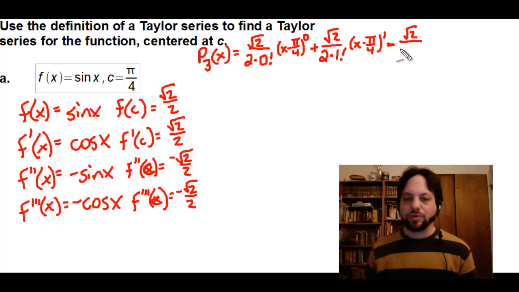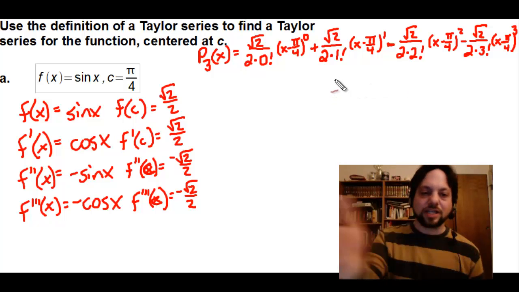So it'll be square root of 2 over 2 times 2 factorial. And of course, I could expand that out and simplify, but I'm looking for a pattern, so I'll leave it alone for now. And my third term here is going to say square root of 2 over 2 times 3 factorial. And this will be x minus pi over 4 to the third power.